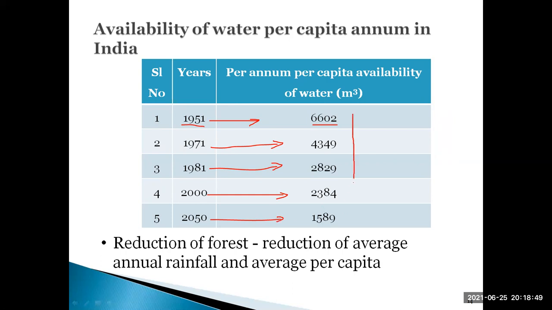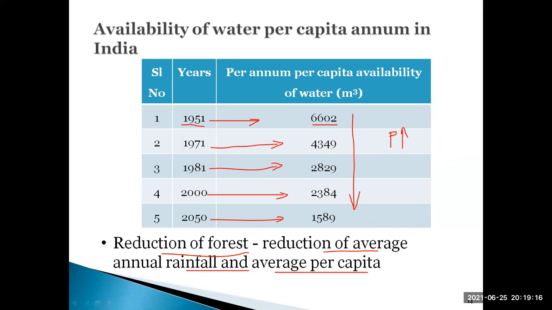As you see here, with time the per capita availability is decreasing. As population increases, the per capita availability decreases.